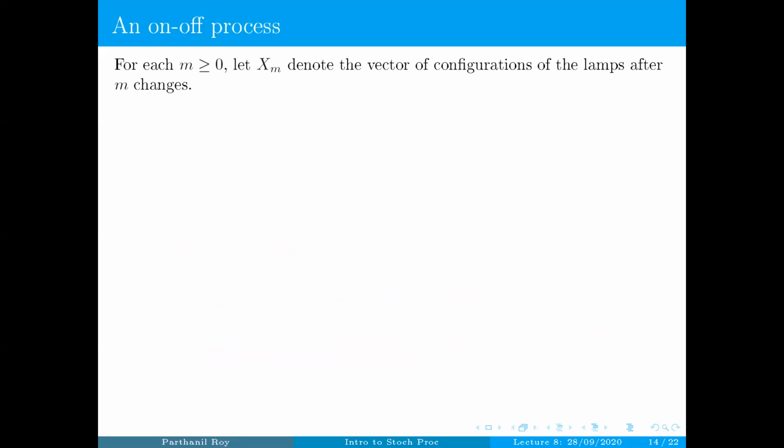So as we said, for each non-negative integer m, X_m denotes the vector of configurations of lamps after m changes. Clearly, X_0 is the zero vector with probability 1, and X_1 is uniformly distributed among all the standard basis vectors e_1 to e_d.